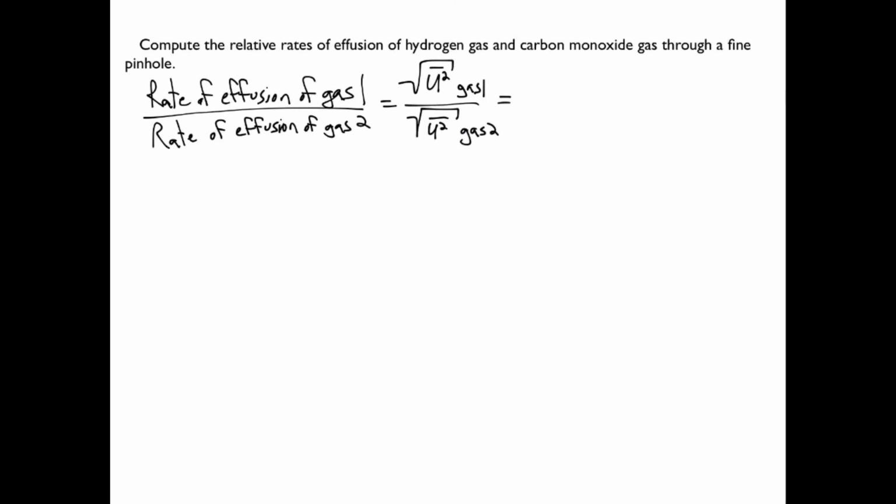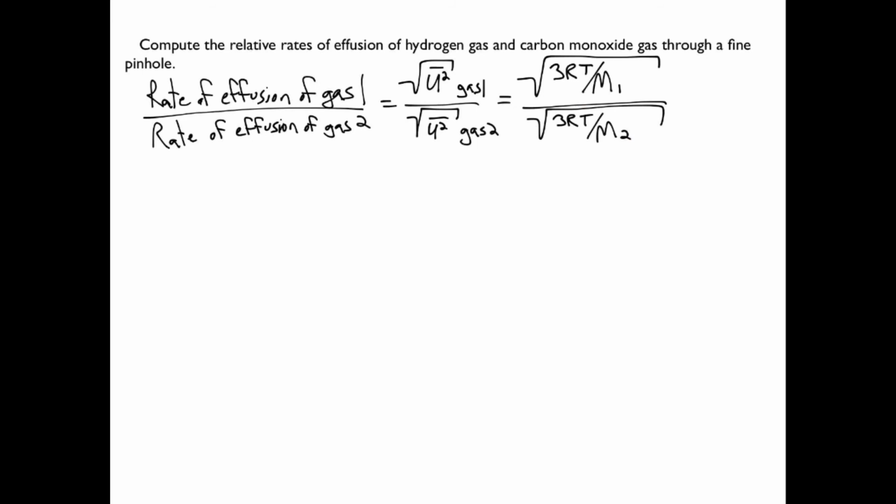I can remind myself what each of those quantities are actually equal to. I know that the root mean square velocity of gas 1 is related to the temperature of the sample and the molar mass of that gas 1. Likewise, the root mean square velocity of gas 2, which is at the same temperature, is related to its molar mass.